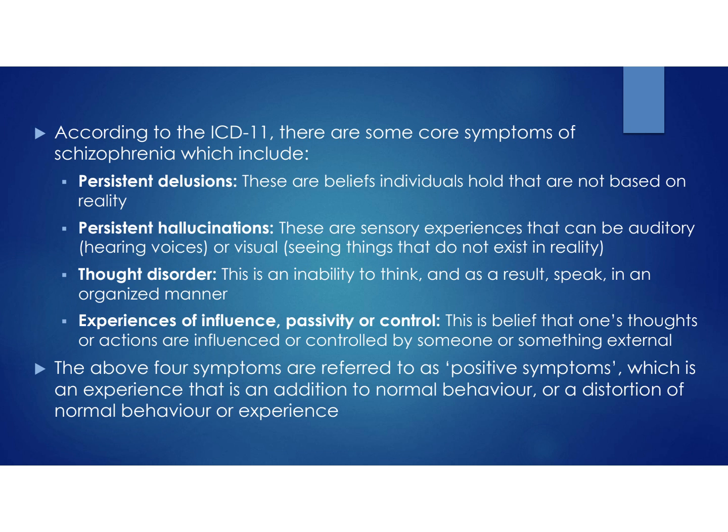Then we have thought disorder. This is a third positive symptom. And as you can see, these are all behaviors that are more than normal, okay? Unusual, abnormal behaviors, an addition to the norm, okay? Distorted behaviors almost. So thought disorder is an inability to think, and as a result, speak in an organized manner. So basically, because you are unable to think clearly, you're unable to speak clearly.